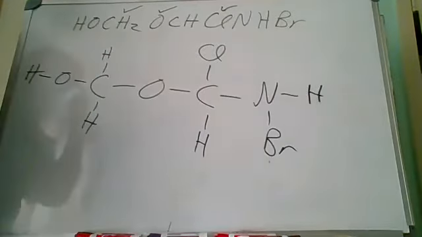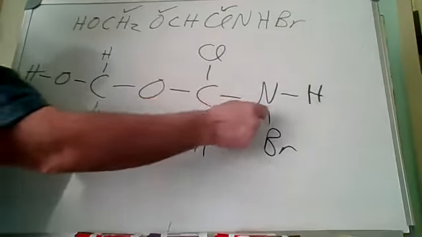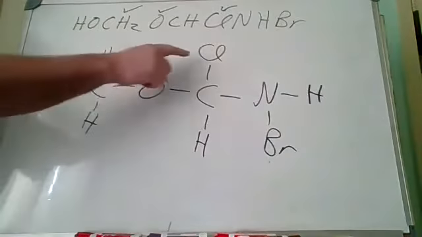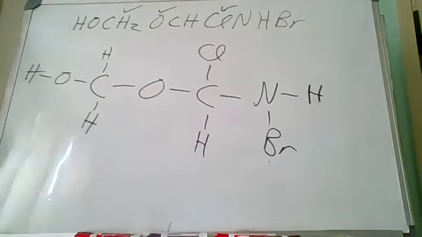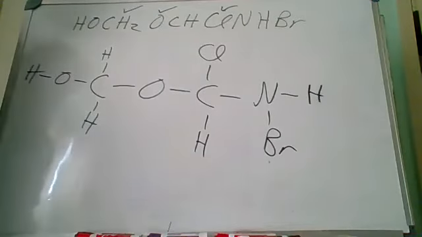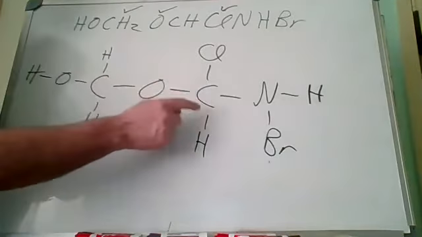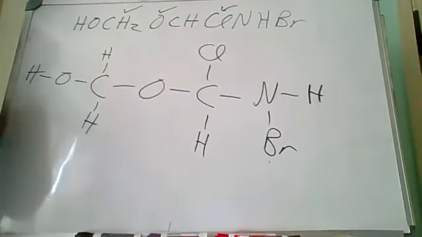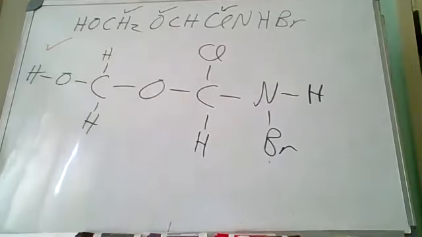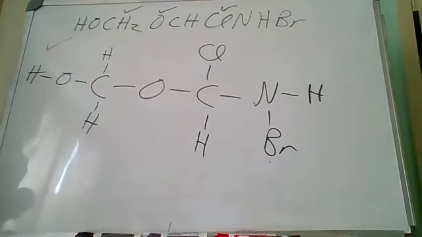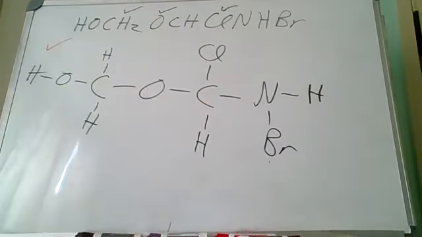The nitrogen is in Roman numeral group 5A, should make 3 bonds, which it does. The chlorine should only have 1 bond. Well, I forgot about the chlorine. Now, how about the carbons? 4 bonds. 1, 2, 3, 4, and 1, 2, 3, 4. So this structure, I can feel very confident is correct. Right? Very confident that this is correct.